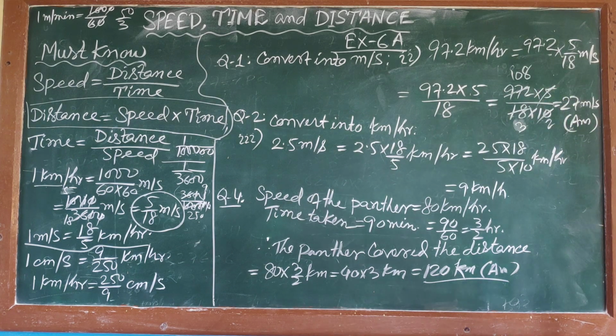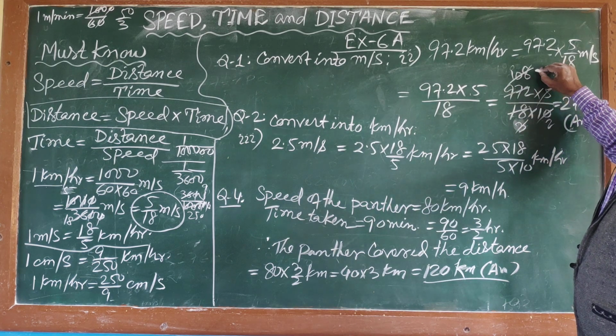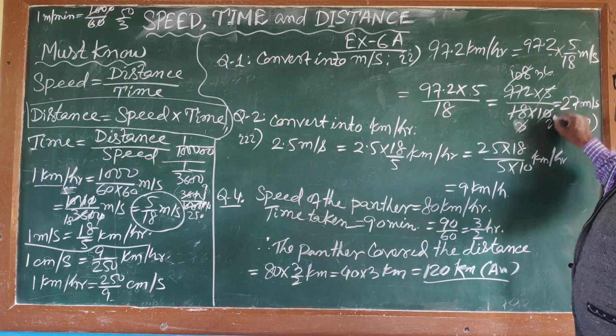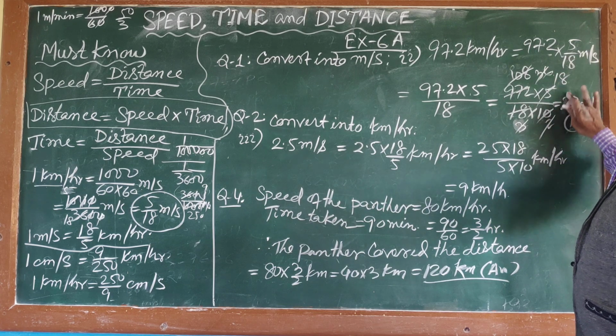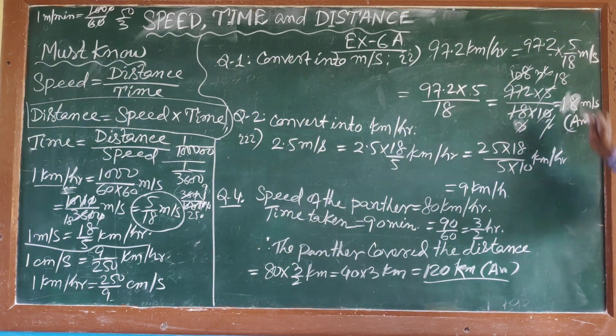So now this will also go. 3s are 9 and 6 are 18, and then this will become 18 meter per second. I hope you have understood it.